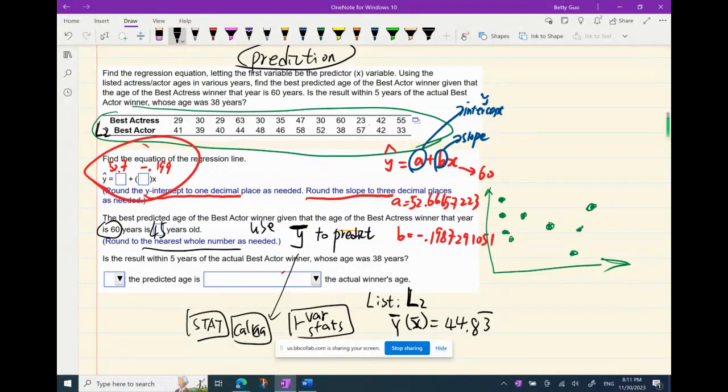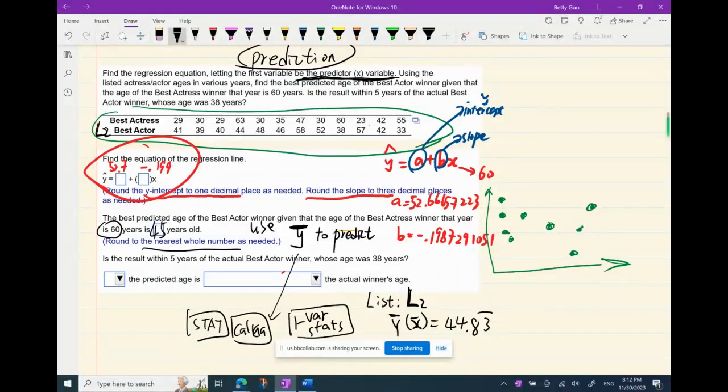Question: if they were asking to predict the age of the best actress, we would use L1 because that would be X bar. That's a very good question. The reason you will not have that kind of problem is because X is the predictor variable.